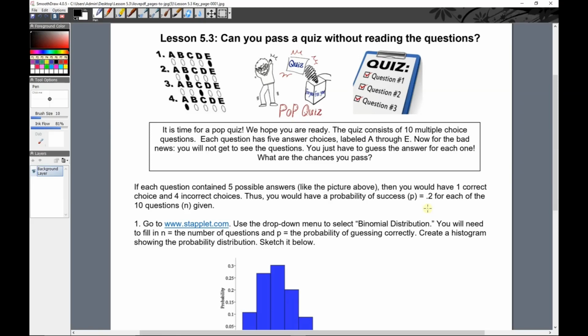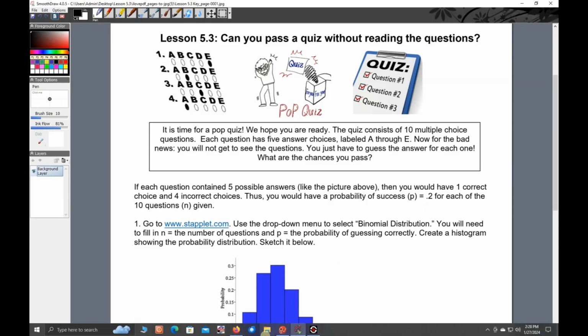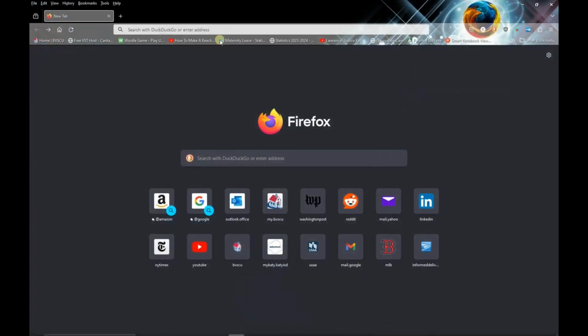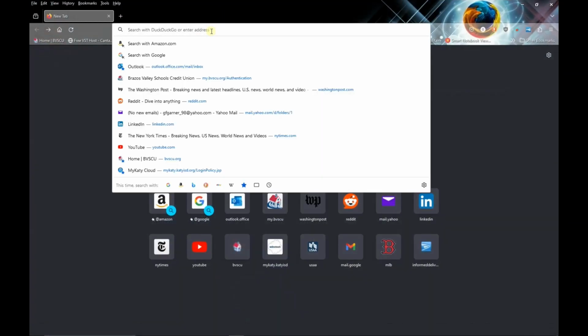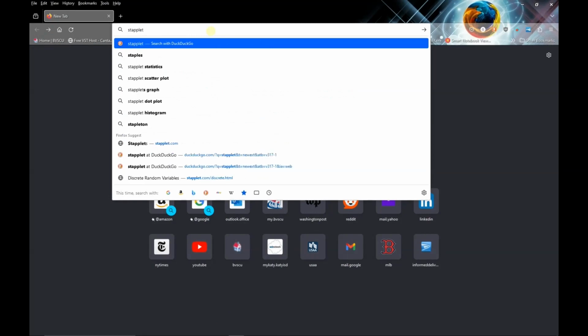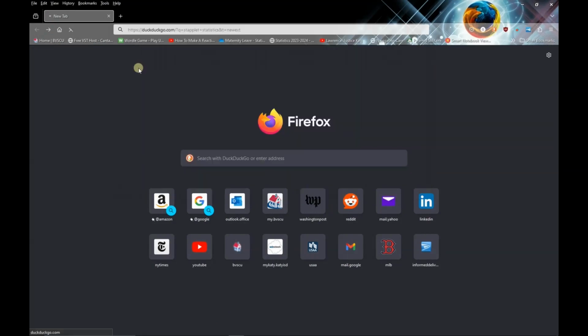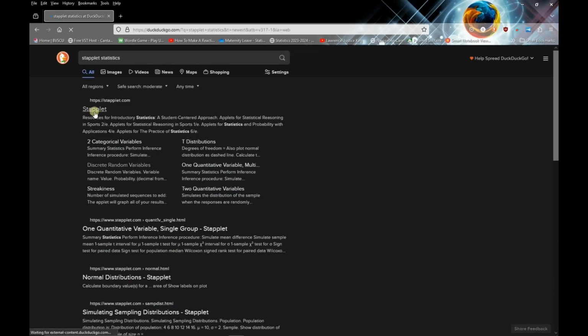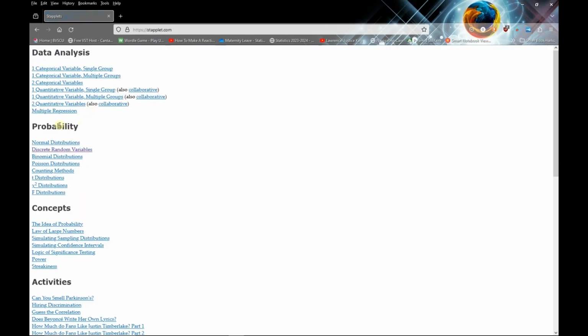So we're going to go to the Statlet app, and we're going to look for binomial distributions. So here's the browser, and you can put in that address or just do a search on Statlet and Statlet statistics, and it comes right up. We want probability.